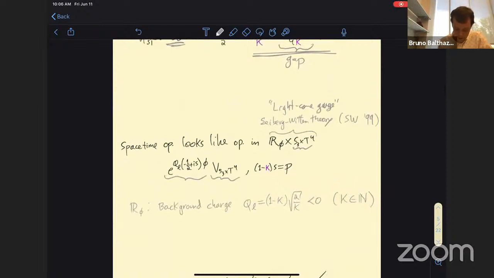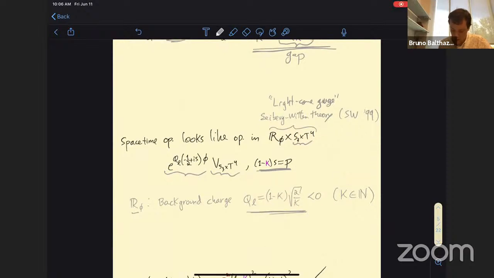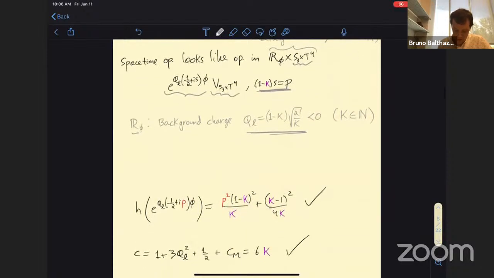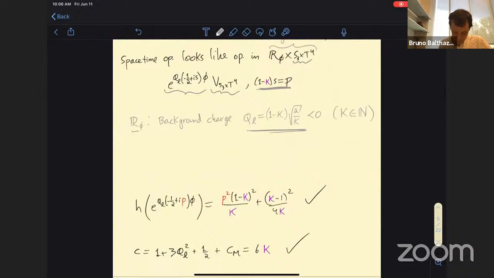And this linear dilaton is related in some way to the worldsheet, where the momentum s is related to the momentum p in this way. And if this linear dilaton has a background charge, which is given by this equation, which just depends on k, you find that the dimension of this operator in the Seiberg-Witten theory exactly matches the dimension above for the worldsheet.